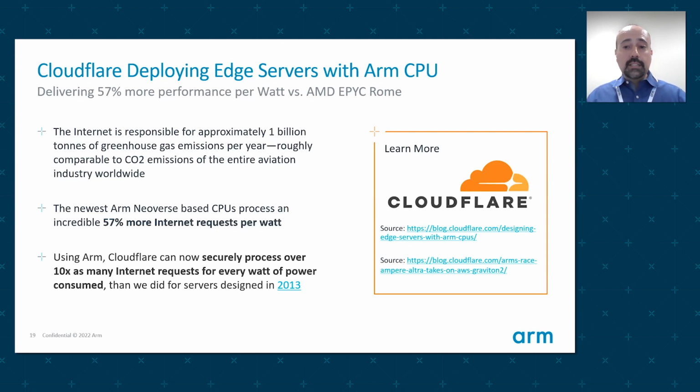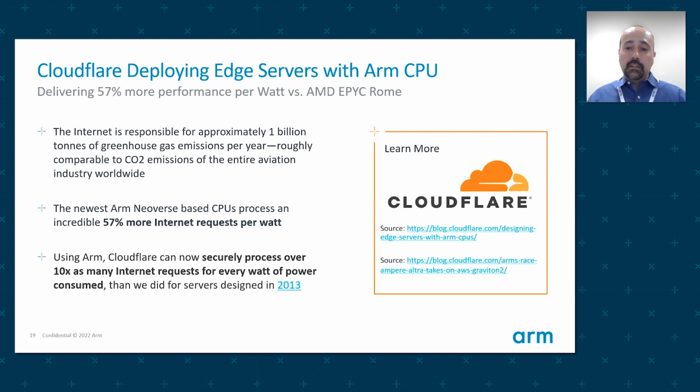Cloudflare designs their own servers. And in their latest generation, they were able to demonstrate that these ARM-based servers can process 57% more internet requests per watt compared to their previous generation servers based on AMD EPYC Rome. Such a significant improvement in performance per watt is what really is driving Cloudflare to deploy ARM across their fleet.